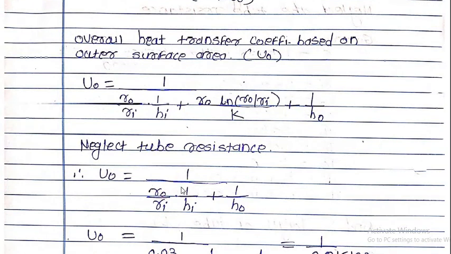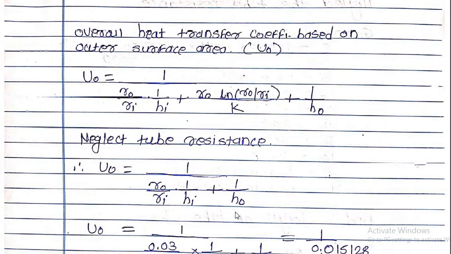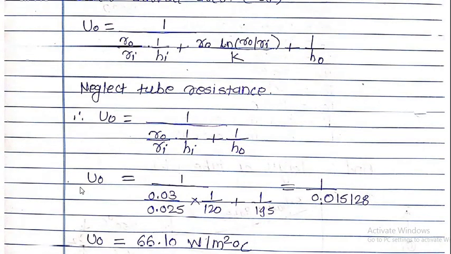U naught is equal to 1 divided by R naught divided by Ri multiply by 1 divided by H suffix I plus 1 divided by H naught. So next we have to put up the values of all the parameters. So U naught is equal to 1 divided by 0.03, as D naught is 0.06. So the R naught becomes 0.03 and Ri is 0.025 multiply by 1 upon Hi.